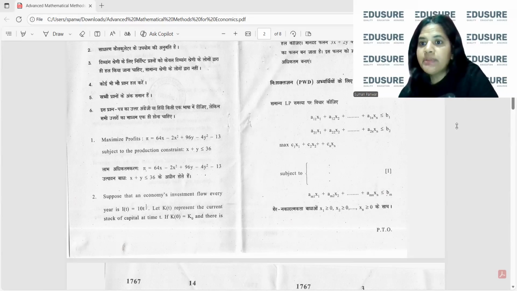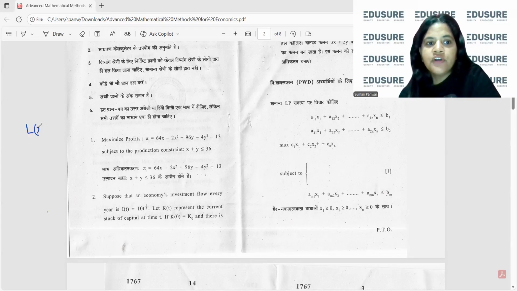So this is a maximization problem with an inequality constraint. So we will be using the Lagrange's method to solve this. Let us form our Lagrange function.